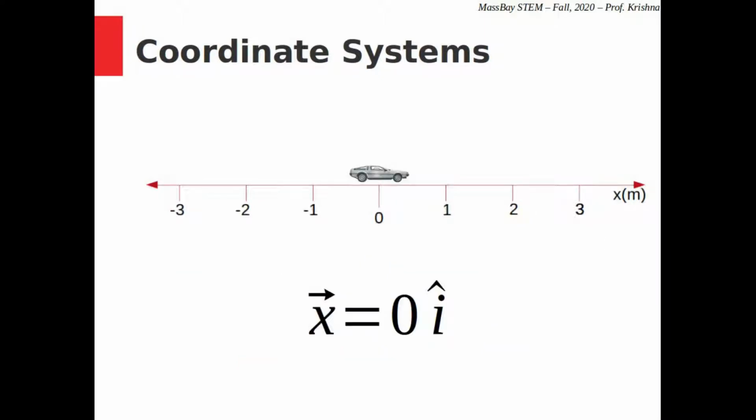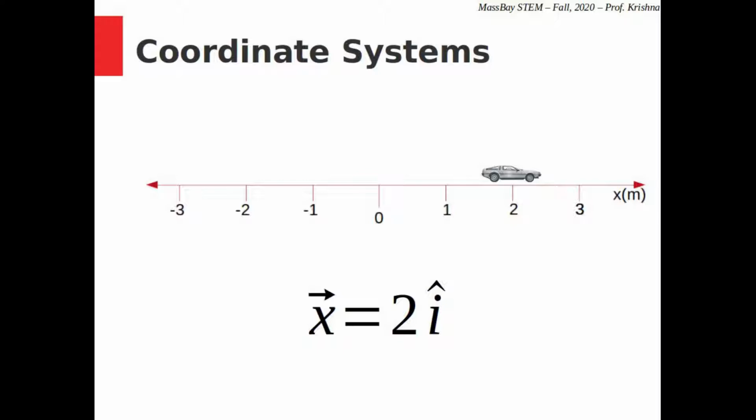Let's explore position in a more tangible sense. If I place this car at the origin, I can say its location is 0 i hat meters. Its distance from the origin is 0, and all our distances are being measured along the x-axis, hence i hat. If the car were placed here, we would say its position is 2 i hat meters. 2 meters from the origin along the x-axis and in the positive direction, that is right.